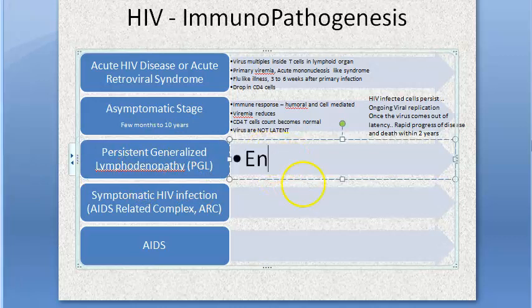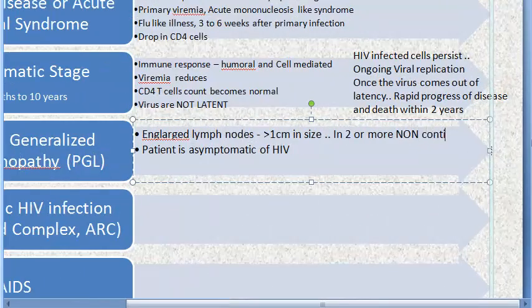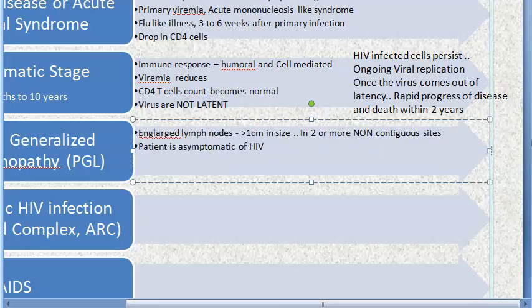So what did you understand here? Enlarged lymph nodes, and the patient is asymptomatic of HIV. What type of enlargement? You should say greater than 1 centimeter in size, in 2 or more non-contiguous sites.